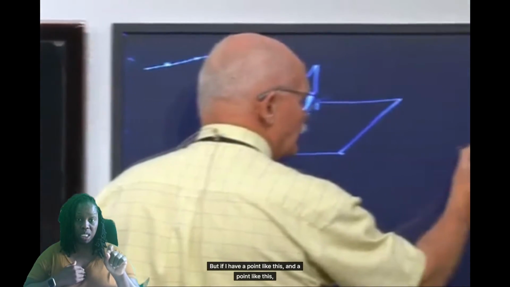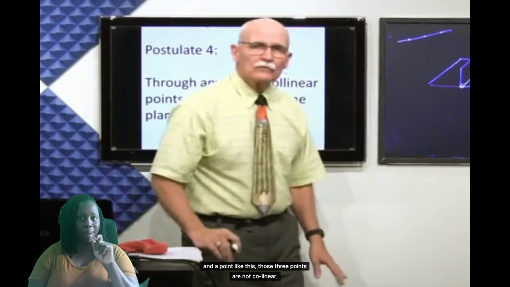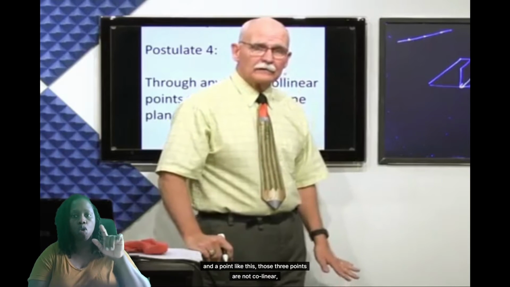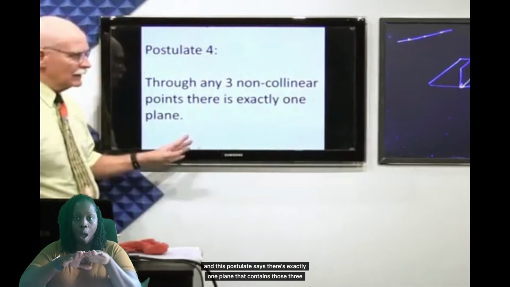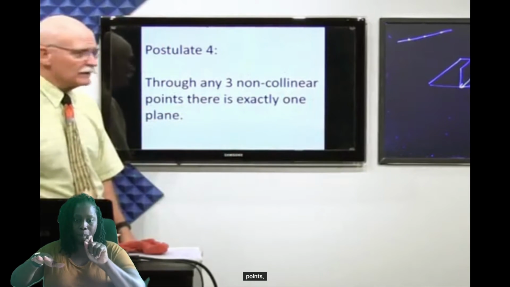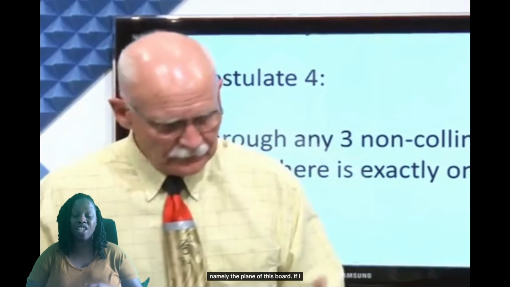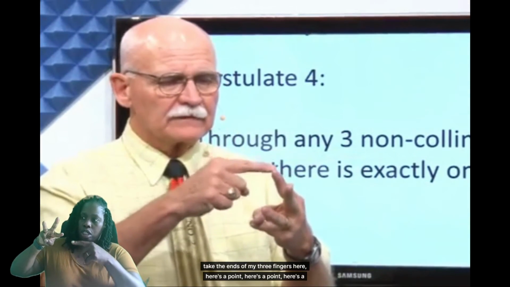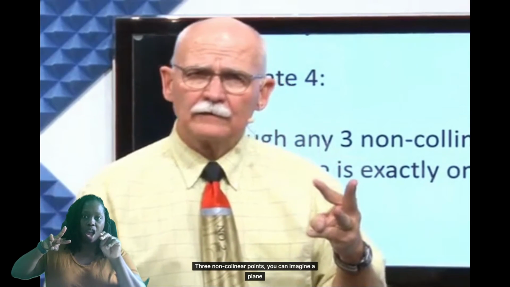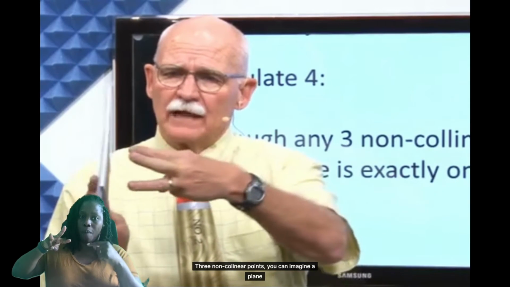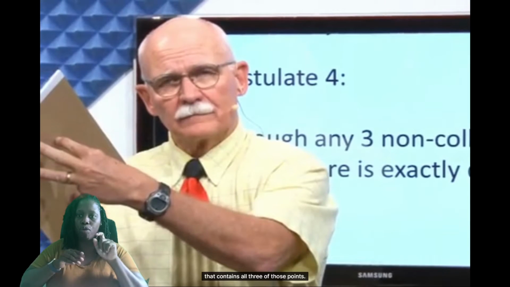But if I have a point like this, and a point like this, and a point like this, those 3 points are not collinear, and this postulate says there's exactly one plane that contains those 3 points, namely the plane of this board. If I take the ends of my 3 fingers here, here's a point, here's a point, here's a point, 3 non-collinear points, you can imagine a plane that contains all 3 of those points.